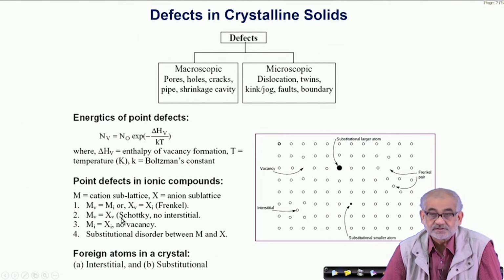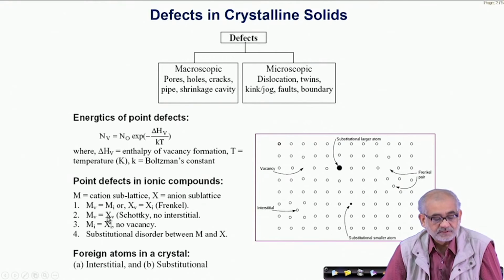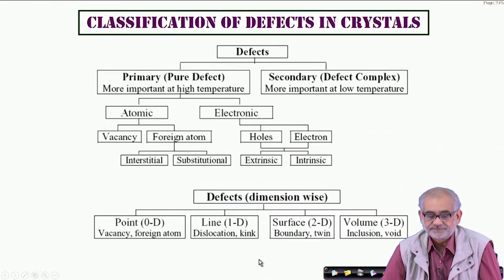In the case of Schottky disorder, we have an equal number of vacancies in the cationic and anionic sublattices. We may also have a disorder coming purely because of substitution, either in the cationic or the anionic sublattices. So essentially a foreign atom can go either into the interstitial position or the substitutional position.